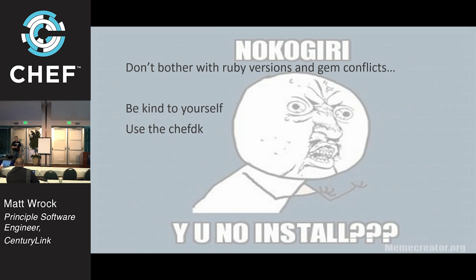When the ChefDK came out, it was literally just weeks after we started, and it makes everything so much easier. You've got one Ruby environment. Most of the gems you need are there, pre-installed. You don't have to worry about native compilations or any of that stuff. It's all there and ready, and cuts out a lot of the work.